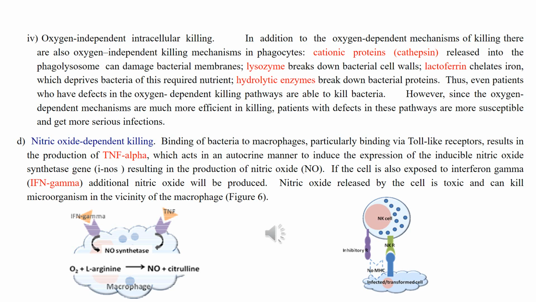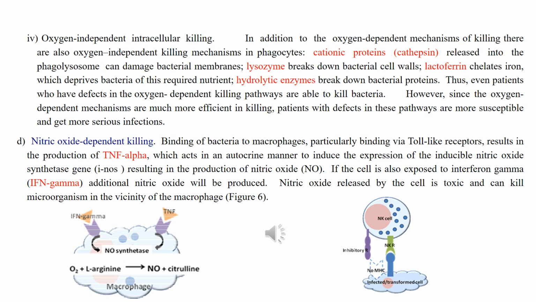Nitric oxide-dependent killing. Binding of bacteria to macrophages, particularly binding via toll-like receptors, results in the production of tumor necrosis factor alpha, which acts in an autocrine manner to induce the expression of the inducible nitric oxide synthase gene, resulting in the production of nitric oxide.